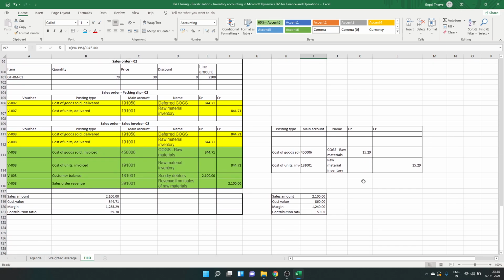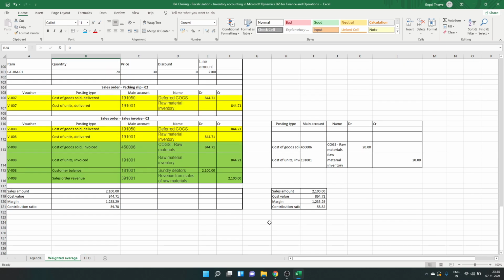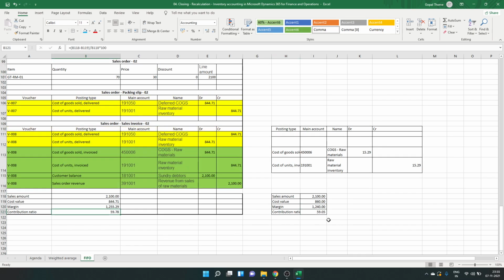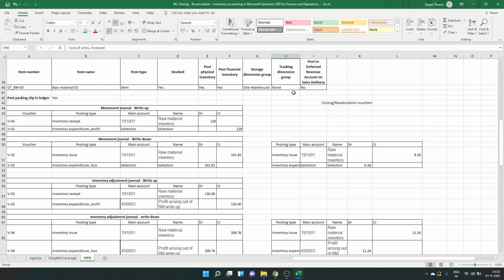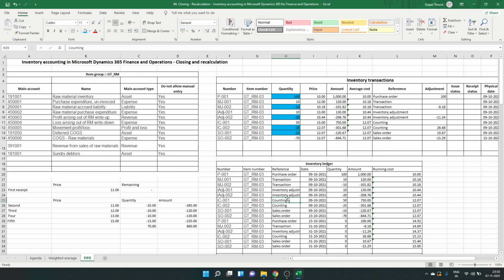But in the last transaction, if we see, it is adding. Initially the contribution ratio was 59.78. Let me see here also what the contribution was: 58.82 in weighted average. Now it is 59.05 in FIFO. So now let's check this in the system.